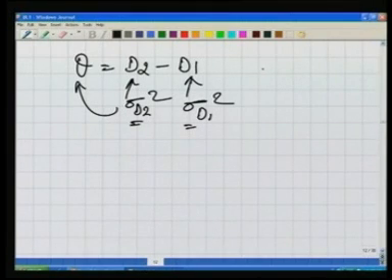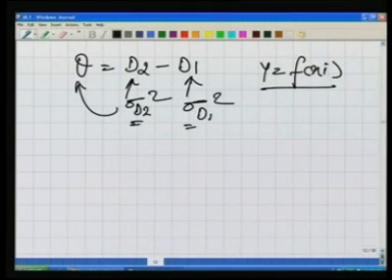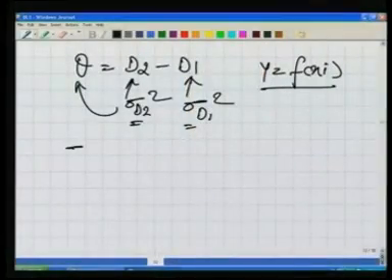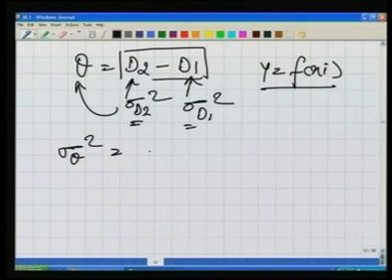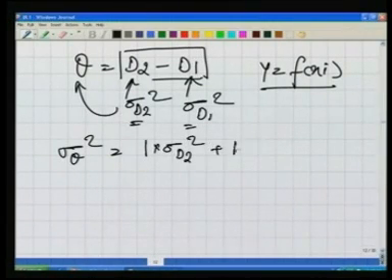In order to do it, we will again use the formula that we used for f of x i. We can write sigma theta square as follows: if we partially differentiate with d2 and d1 individually, we find it will be 1 into sigma d2 square plus 1 into sigma d1 square.